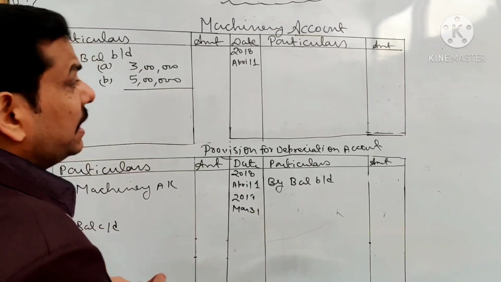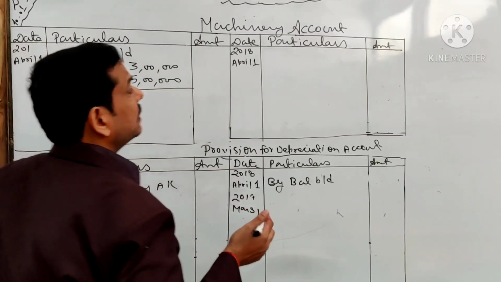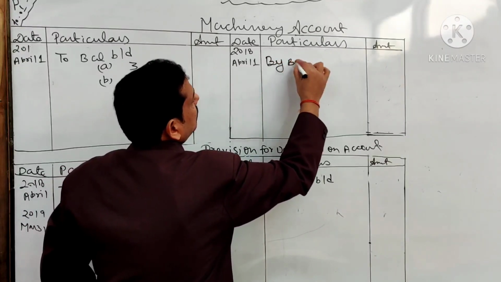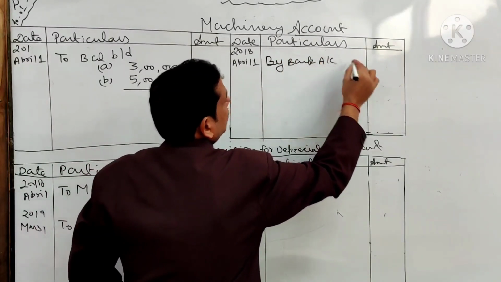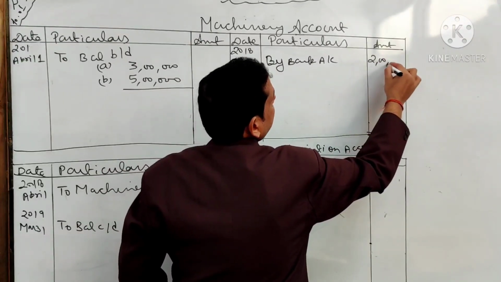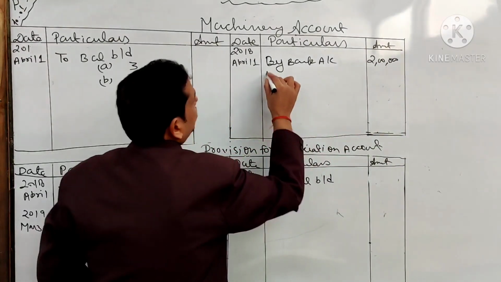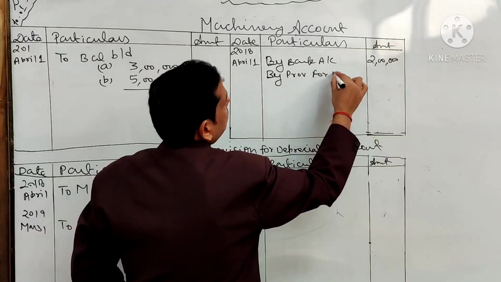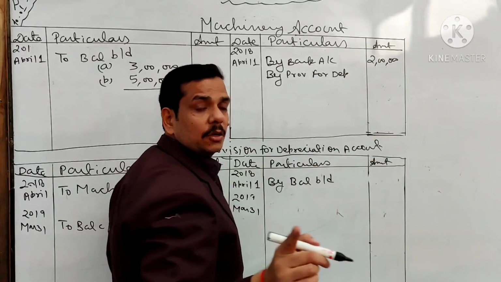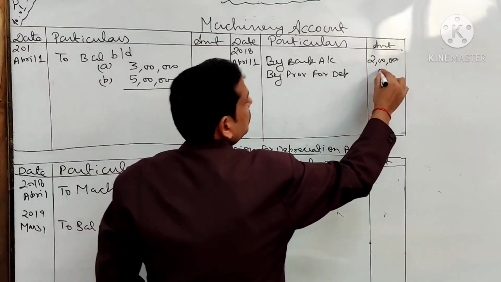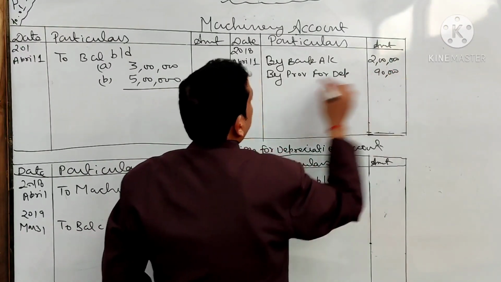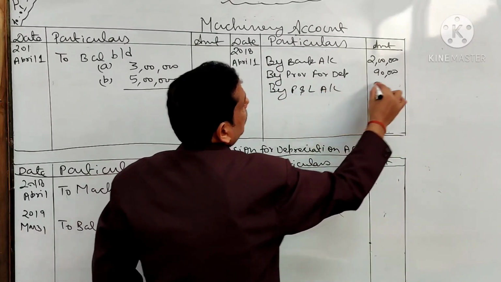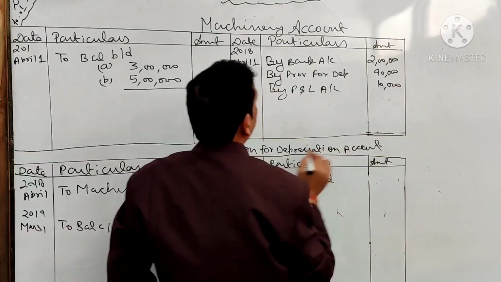So we will again pass the journal entry: by bank account. How much have we received? 2 lakh. By provision for depreciation account, if you remember in the working note, total depreciation charge 90,000, so that will come here. And by profit and loss account 10,000, the loss occurred on the sale of the machine.